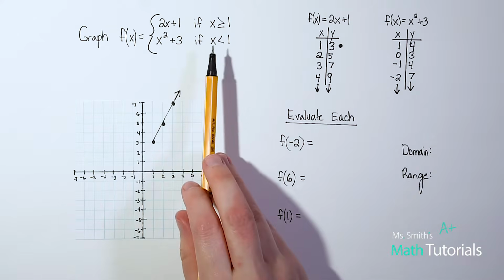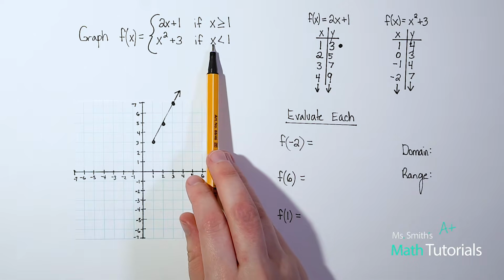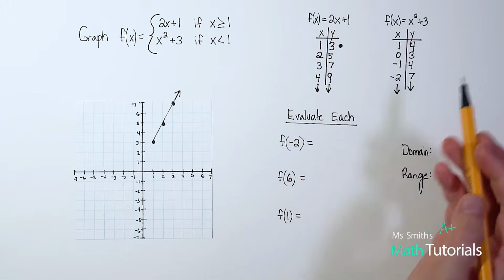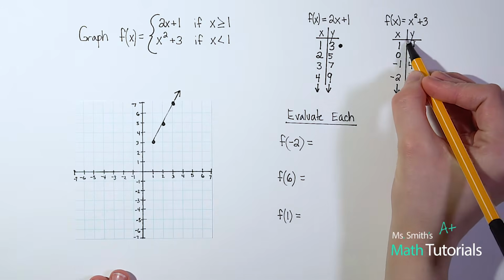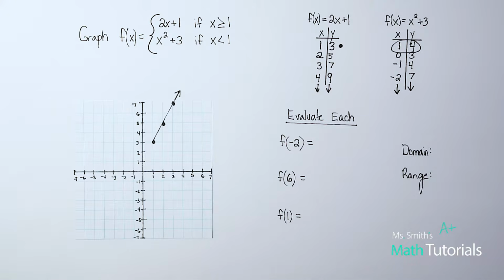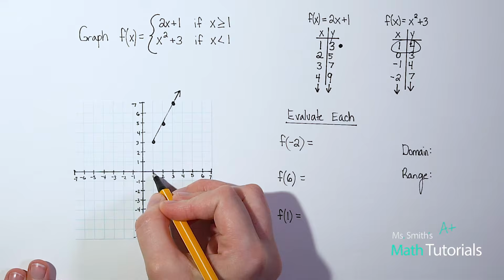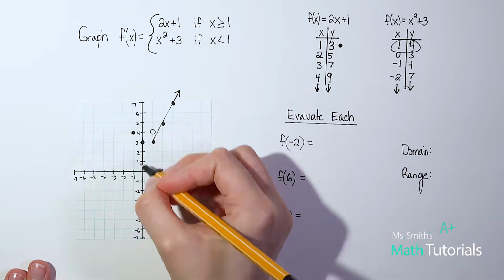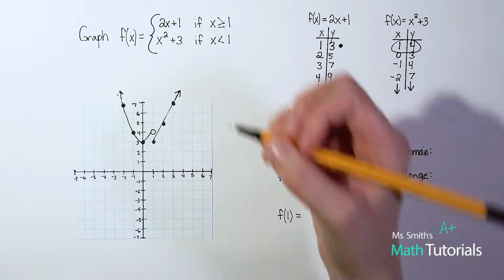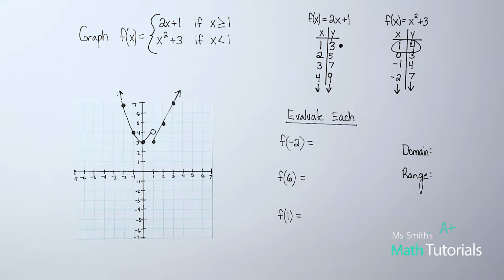And so then does it include 1? No, because we do not have a line there. So that means we've got an open circle here at 1, 4. So let's go ahead and plot that part of the piecewise function. Okay, so notice what we've got here.